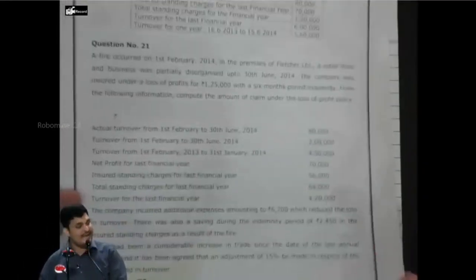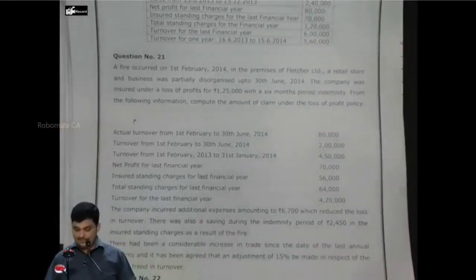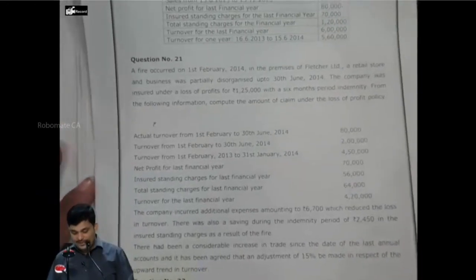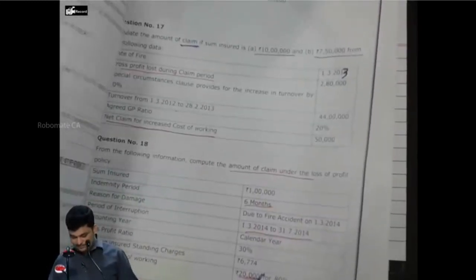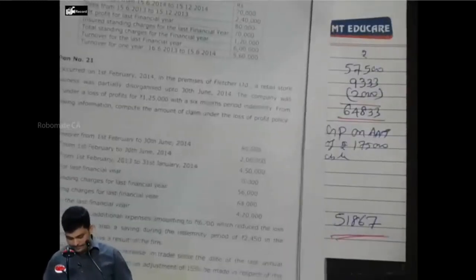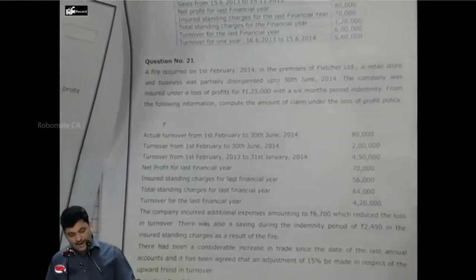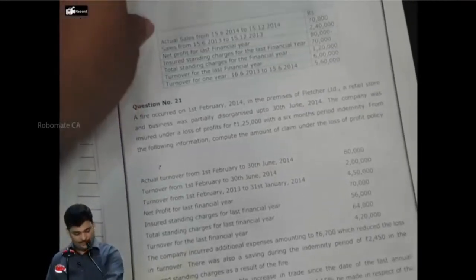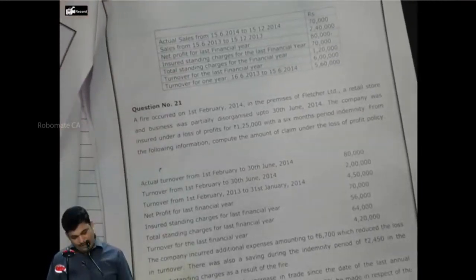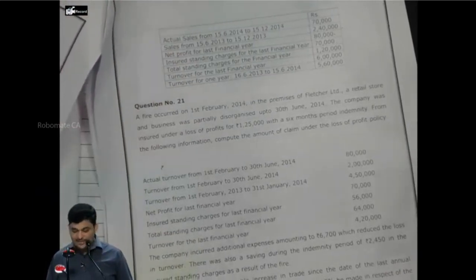Question 21 is exactly a gift. It is already solved. Question number 21 is just the repetition of 19. But what is the policy amount there? 1,24,000.